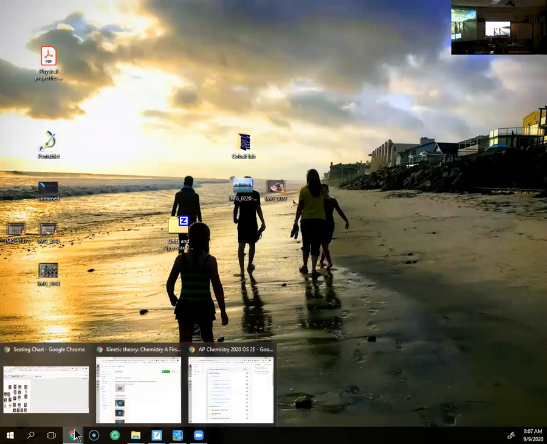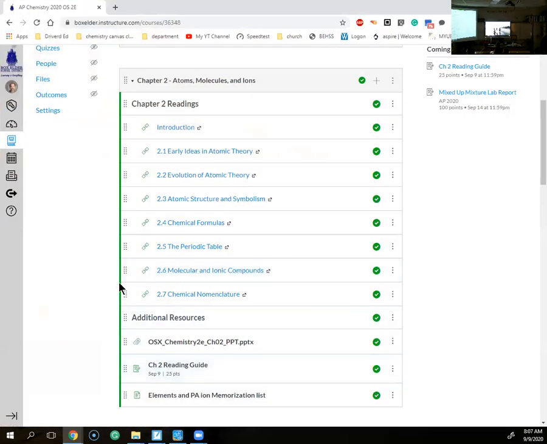So if you go to chapter 2, it's just right here, this chapter 2 reading guide. If you already read chapter 2, I don't think it will take you very long. It's not super long. This is going to be for points.